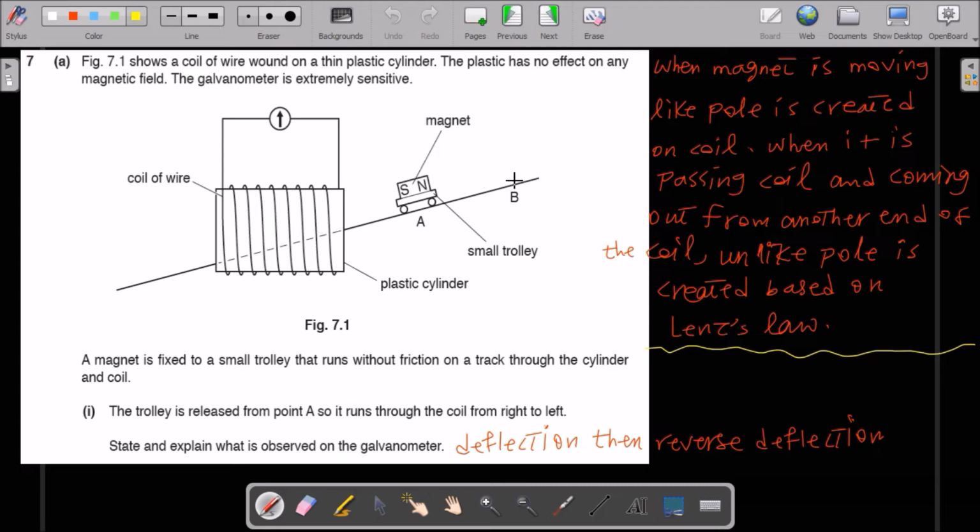That's why near the coil the speed must be more, and when the speed is more, you can see more induced current in the coil, and the deflection must be larger.